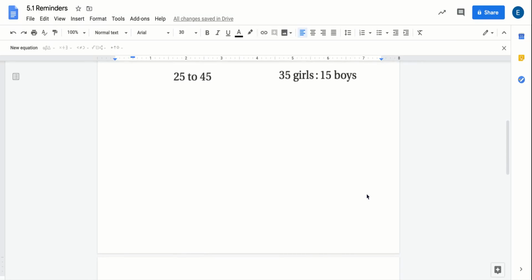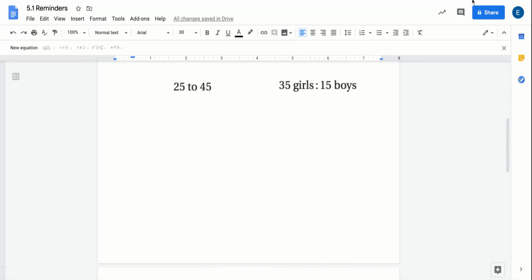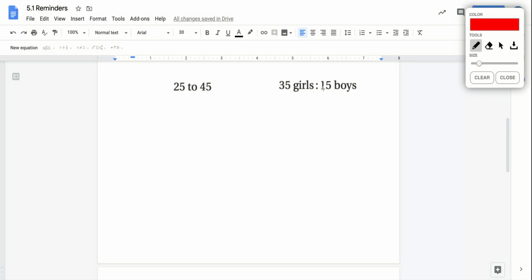Okay. So here's some ratios we're going to simplify. So notice my first one says 25 to 45. So I like to write it as a fraction first. So 25 over 45. And I'm going to find a common factor to divide them by. I'm going to divide them by 5.